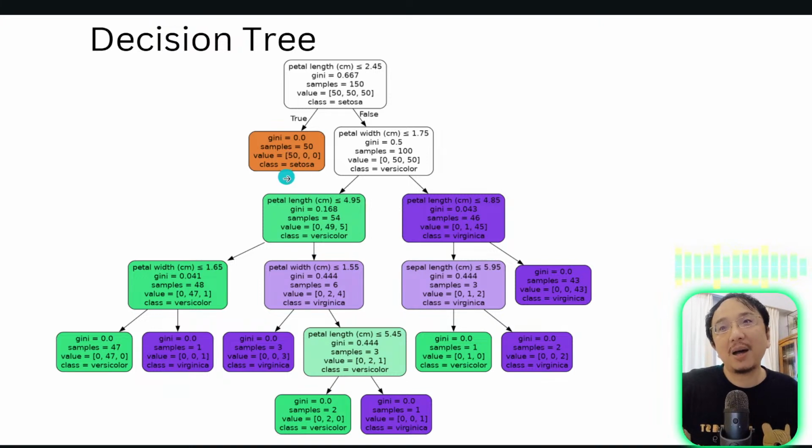You can see the color of each block indicates how likely it is to be which class. If it is not less or equal to 1.75, then we check the petal length. If it is less or equal to 4.85, we go to another round of decision; if not, our prediction is Virginica.